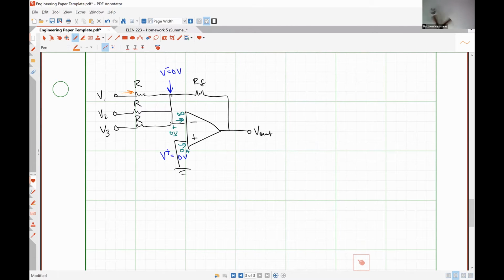So we're going to have some current flowing through each of these resistors, and then some other current flowing through our feedback resistor.